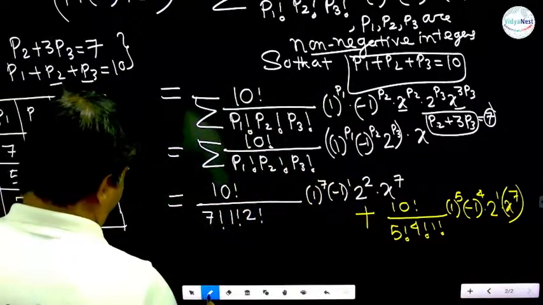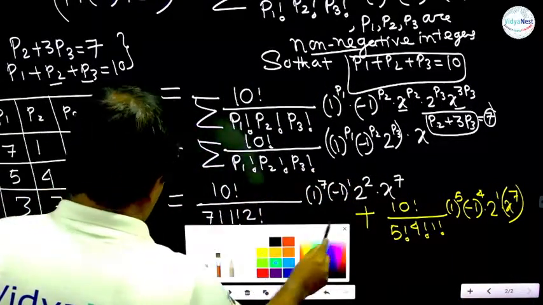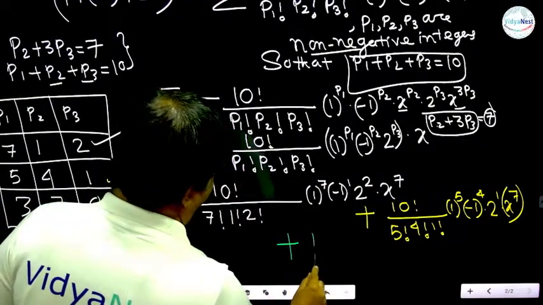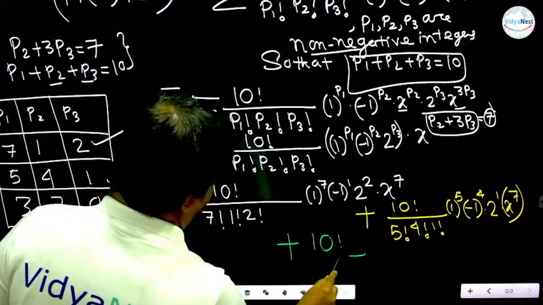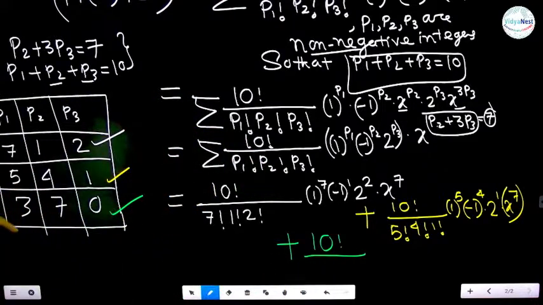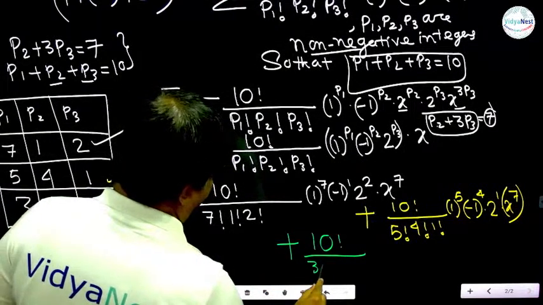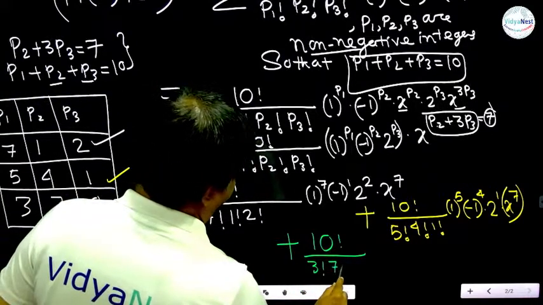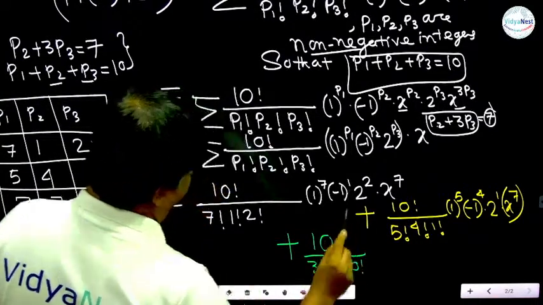Last one, plus factorial 10 by p1 factorial 3, p2 factorial 7, then factorial 0.